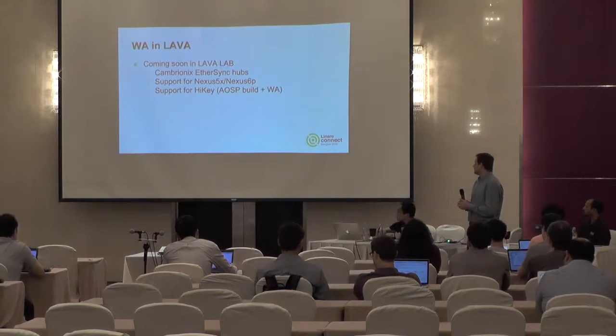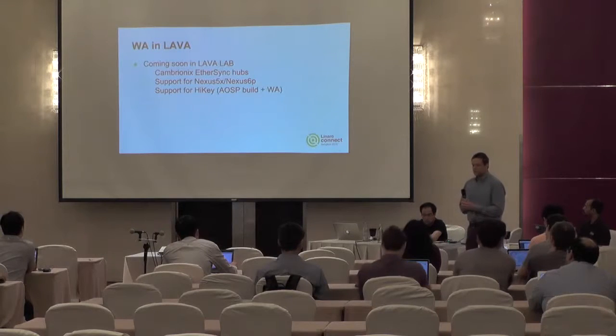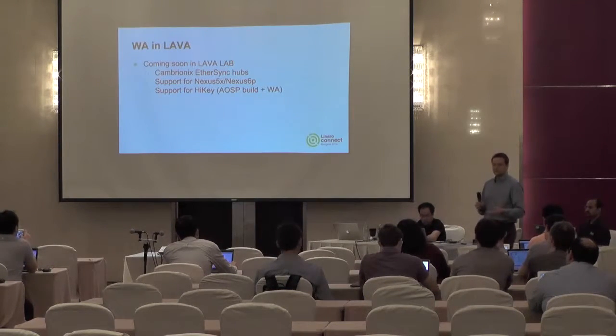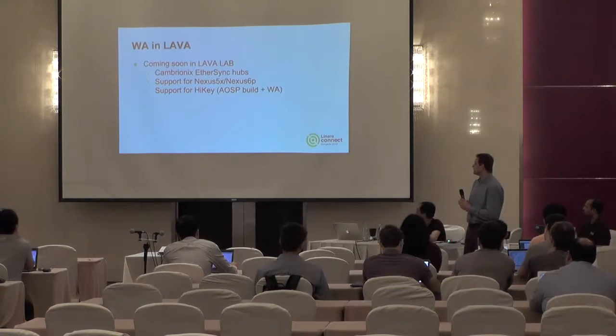As I said, there was a problem with connecting USB-based devices to LAVA, because there is a need for physical connection. Just recently, a couple of months ago, we got hardware from a company called Cambrionix. They have a product called EtherSync.